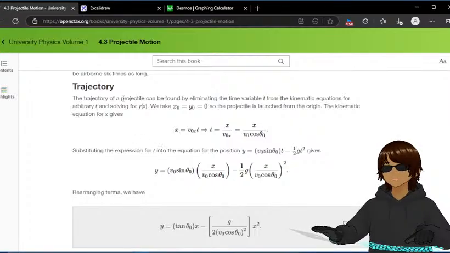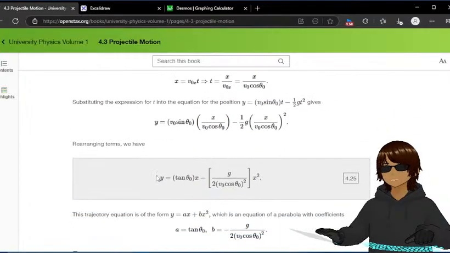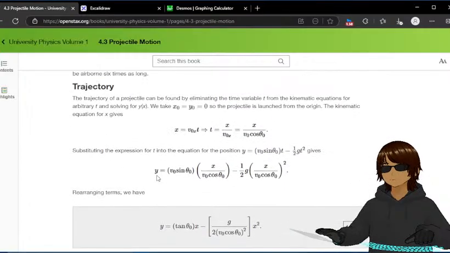The trajectory of a projectile can be found by eliminating the variable t from the kinematic equations for arbitrary t and solving for y. And they end up with y is equal to. So they are trying to find what? The projectile is launched from the origin.